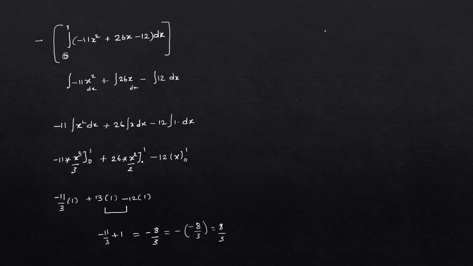See, this property we have studied in class 12: integral a to b f of x can be written as minus integral b to a f of x dx. So remember my students, if you wrote the limits reversely, no need to panic. You just have to put the minus symbol for the answer.